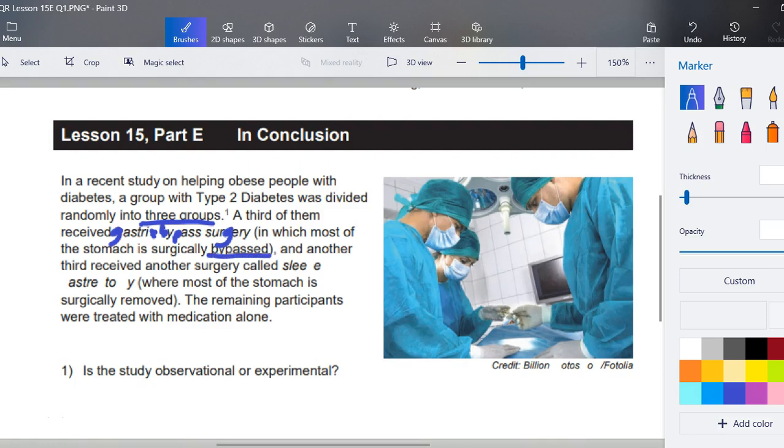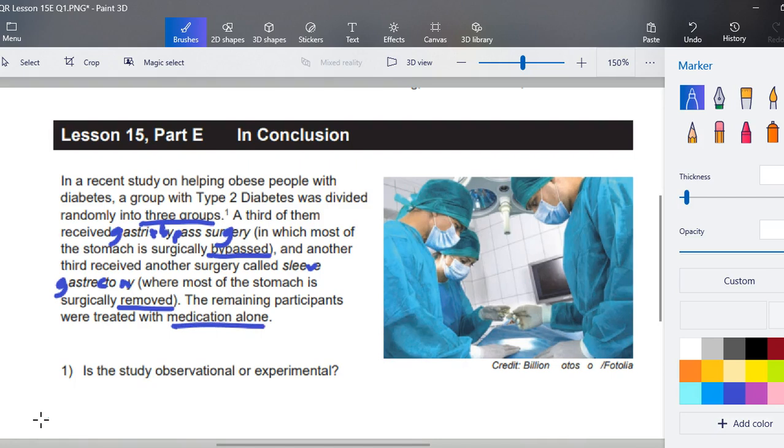And another third received a surgery called sleeve gastrectomy, in which most of the stomach is surgically removed. So far we have bypass, we have removed, and then the remaining participants were treated with medication alone.